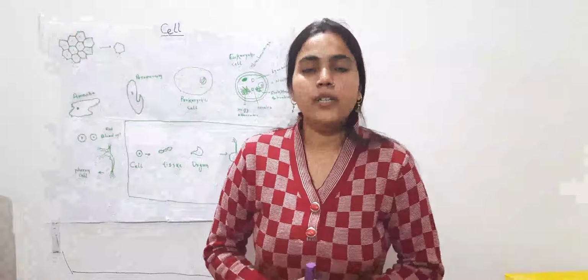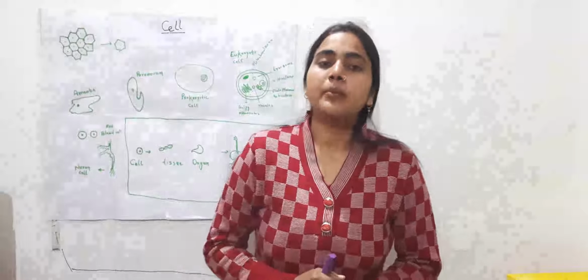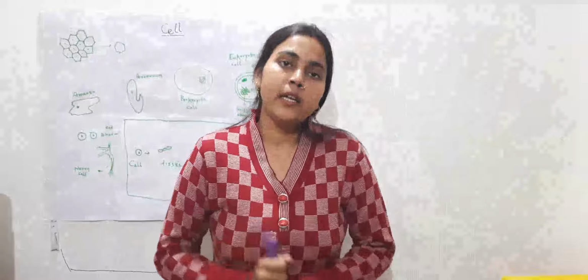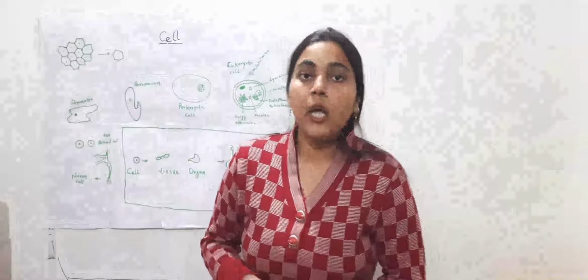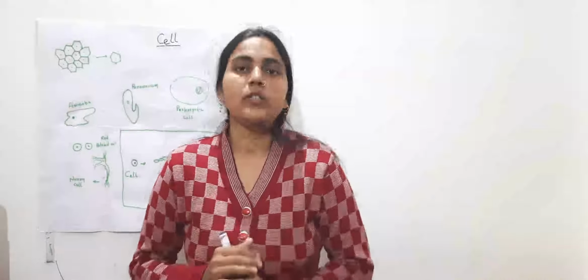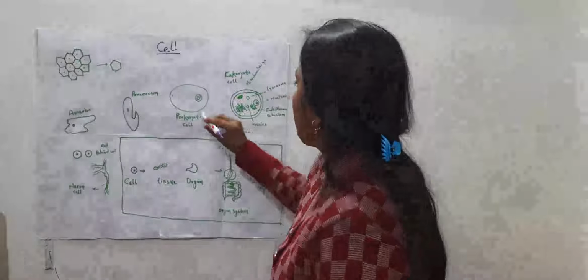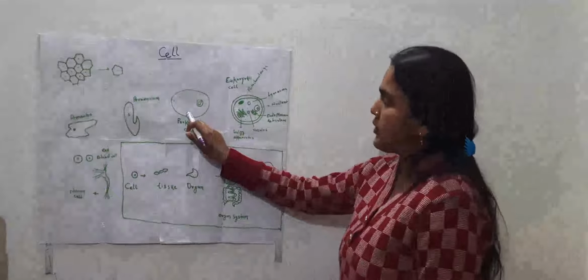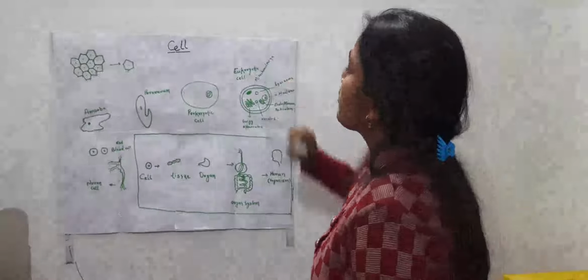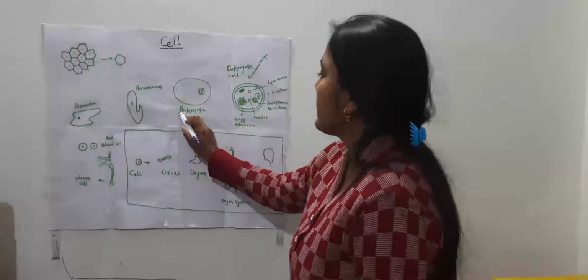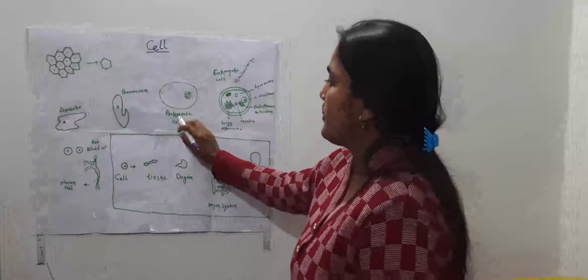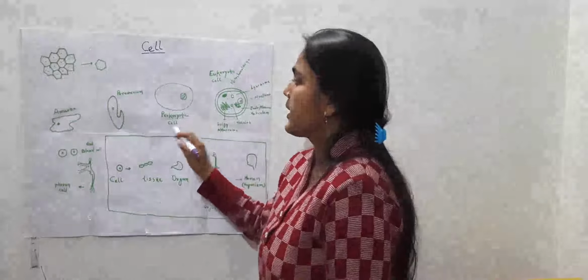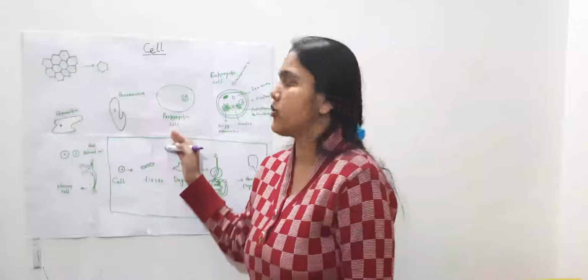Now, after the number of cells, coming to the types of cells. What are the types of cells? There are two types of cells: prokaryotic cell and eukaryotic cell. I made two pictures. This is a prokaryotic cell and this is a eukaryotic cell. This is prokaryotic. Pro means primitive and karyotic means cell, so a primitive and premature cell.